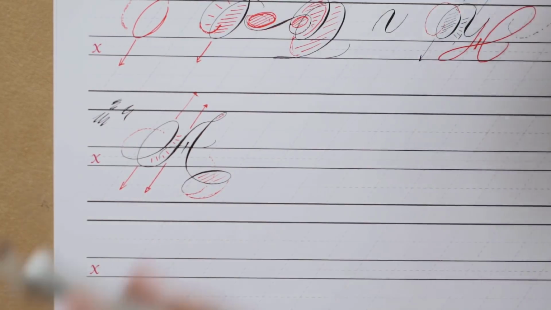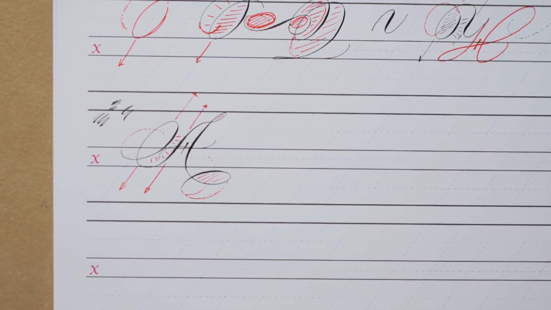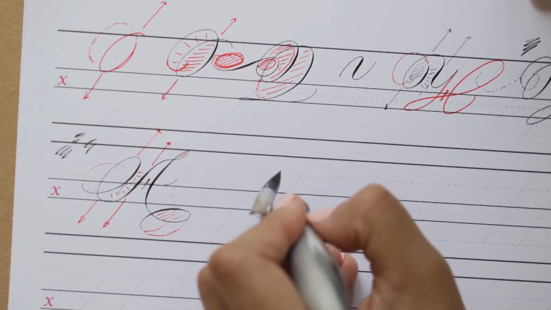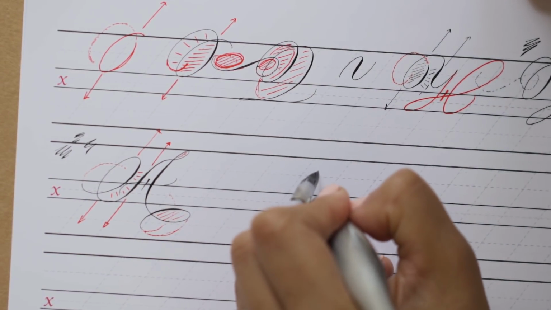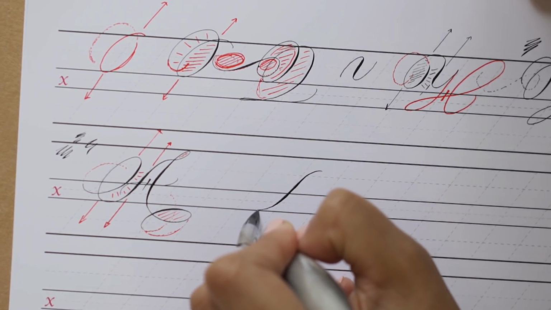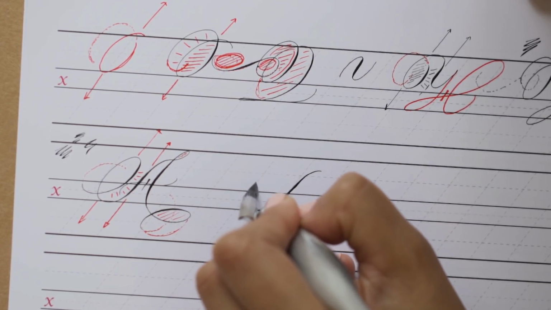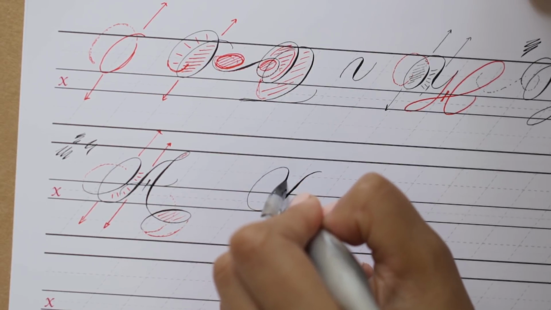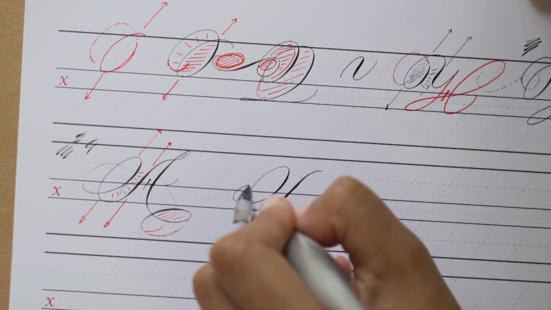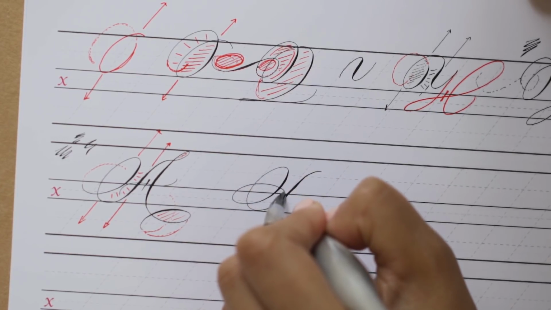Okay, now we're going to do the letter M. Starting with your capital stem, bringing it back up, adding your loop into your horizontal oval.